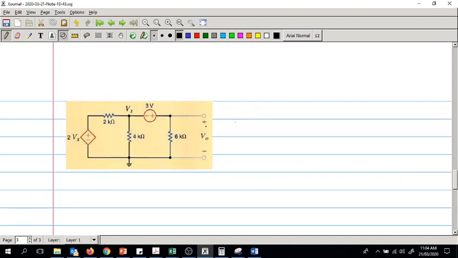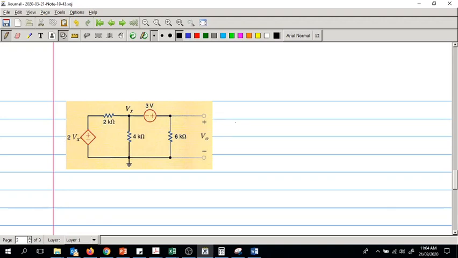So what we want to find out is V out. For that, let's say we apply mesh analysis, right? Now the voltage here is Vx.